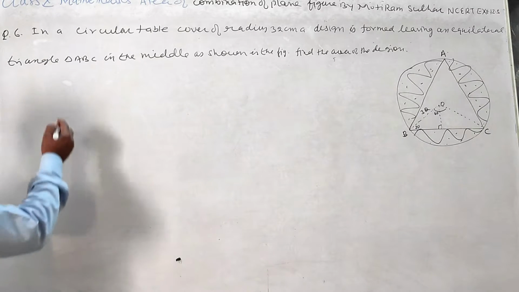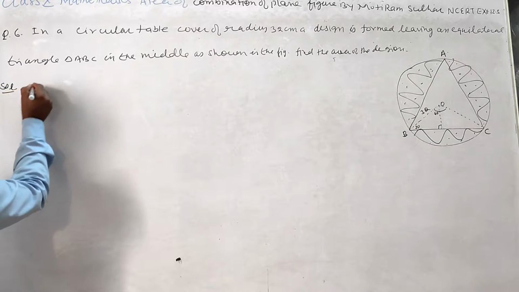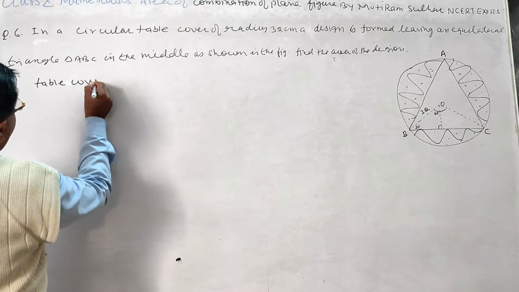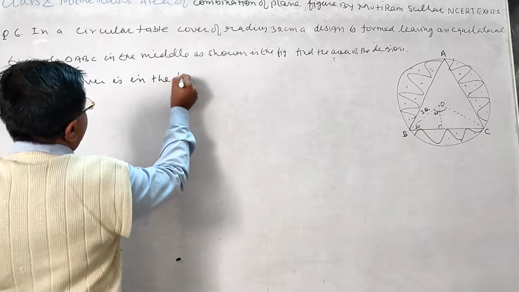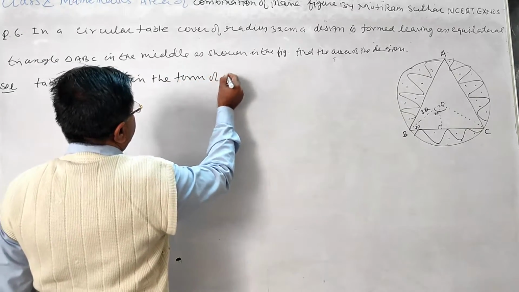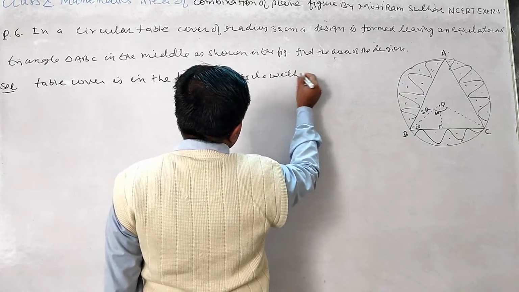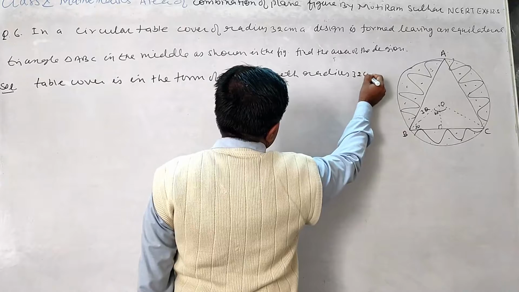So the question says we are given a circular table cover in the form of a circle with radius 32 centimeter.